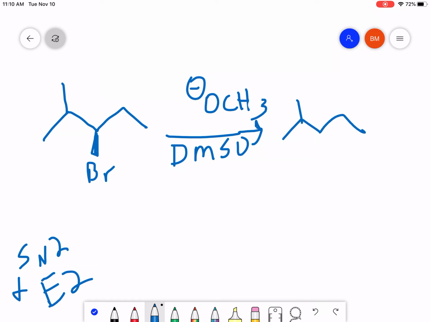Remember, if nothing especially stabilizes or destabilizes a particular process, then you're going to get a mixture. All right, since it's SN2, stereochemically, we know we have to get complete inversion. So we're going to get that. And then much like the last one, we're going to get three different alkene products.